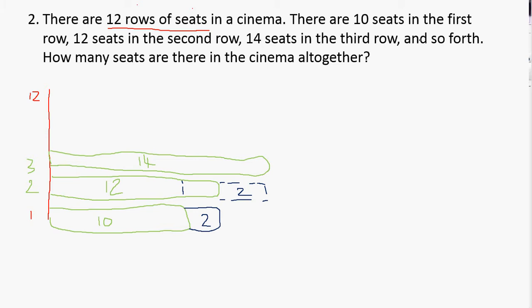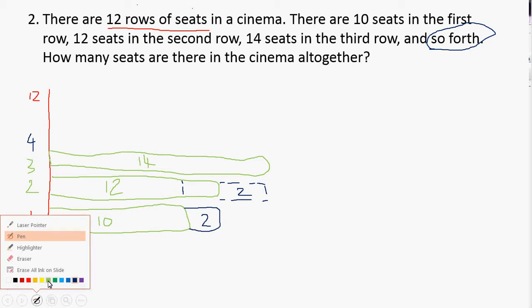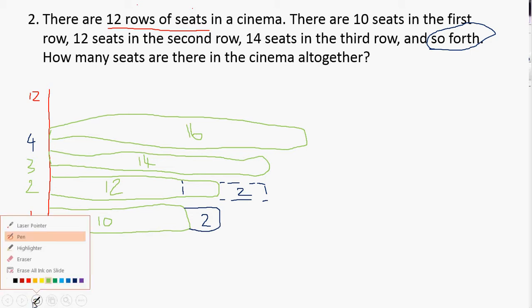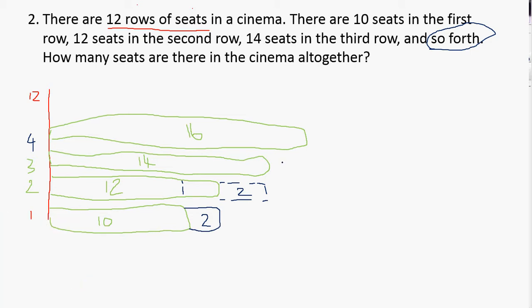So, and so forth. I've already taught you what it means by so forth. It means again and again and again. It's the same thing. So row number 4, let's make it green.